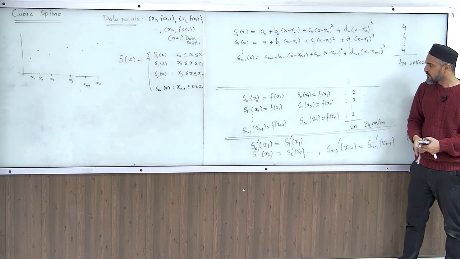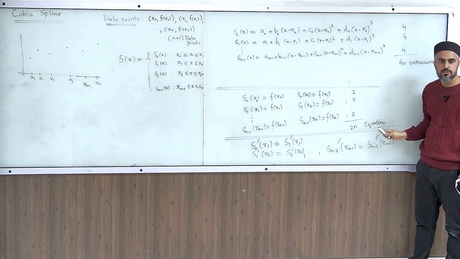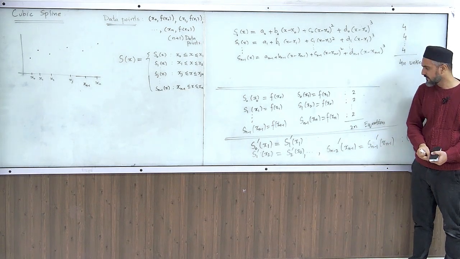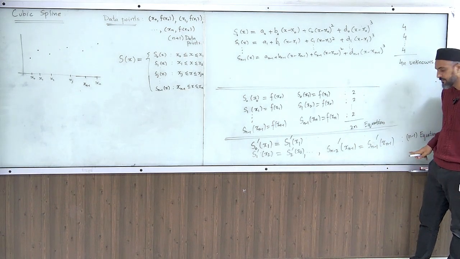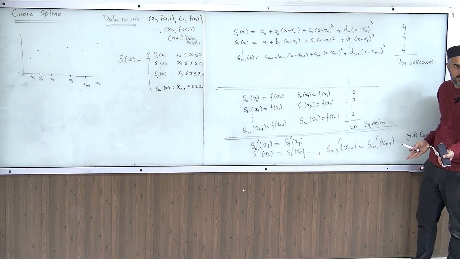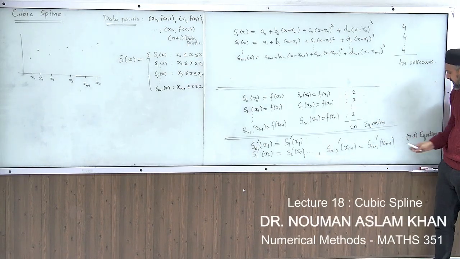So the total equations we get from here are 2n equations, and similarly from here we get n minus 1 equations, because the total number of points is the same, so the interior points are the same.